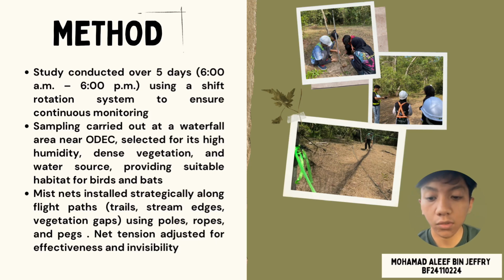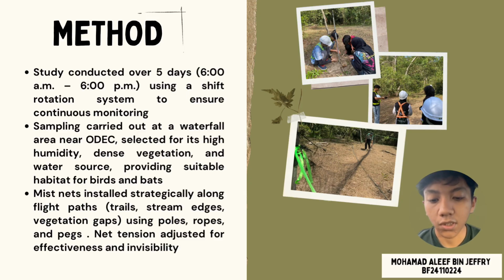Sampling was carried out at a waterfall area near Odek as the site provides high humidity, dense vegetation and a reliable water resource, creating a suitable habitat for both birds and bats.